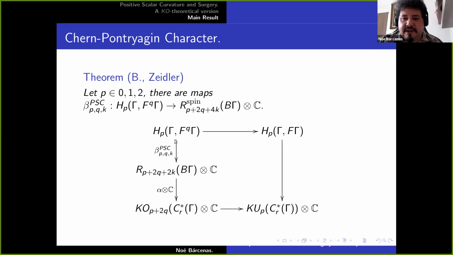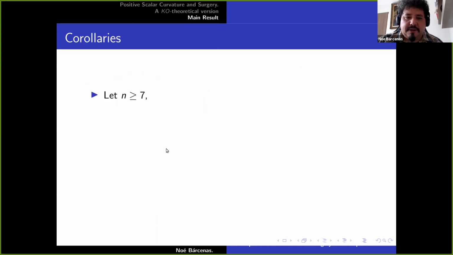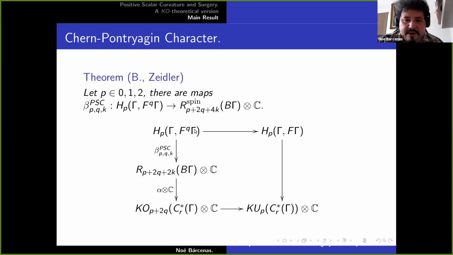So this part of the diagram which I am depicting, the beta PSC over there in the middle, is surjective in that case because of the pairing of the two exact sequences, and then I say the rank of R is at least the rank of this, and this only depends on group homology.